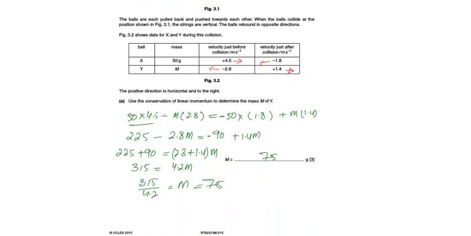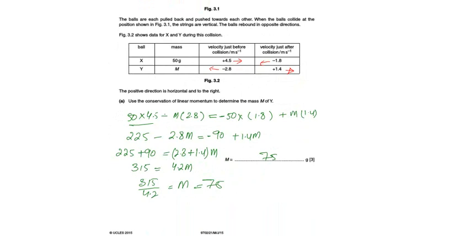So 225 minus 2.8m equals minus 90 plus 1.4m. Adding, 225 plus 90 equals 315, and 2.8 plus 1.4 m is 4.2m. So m equals 75 grams.